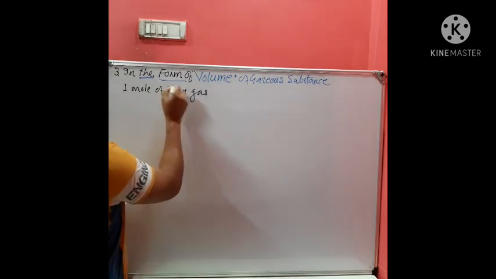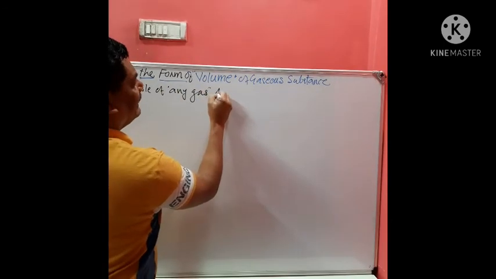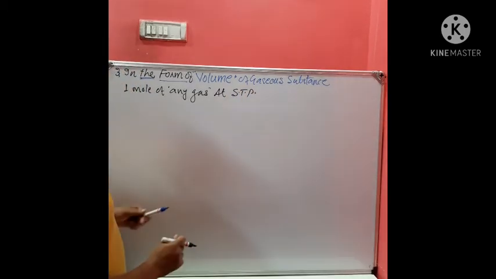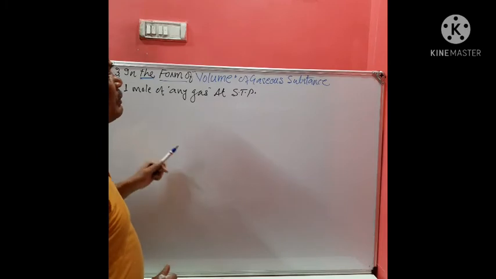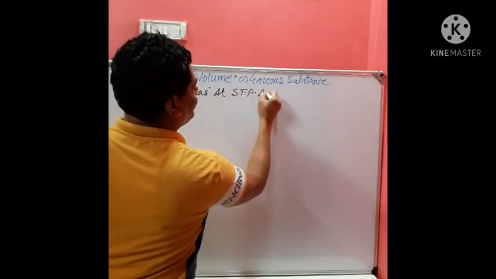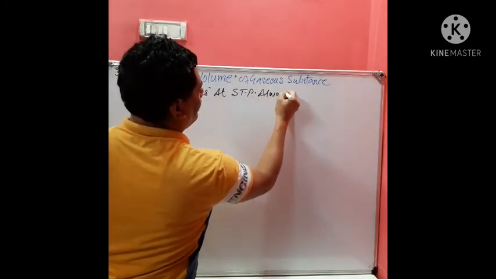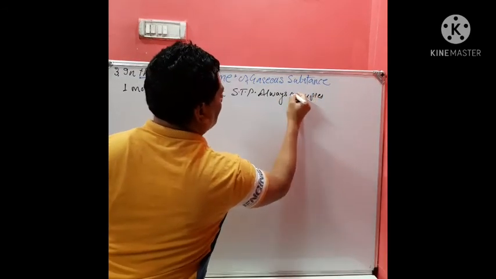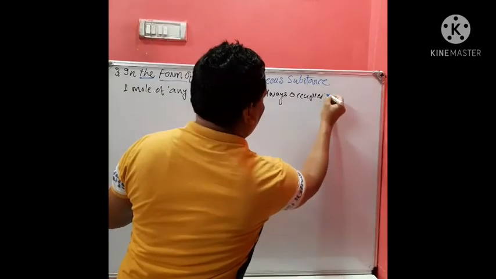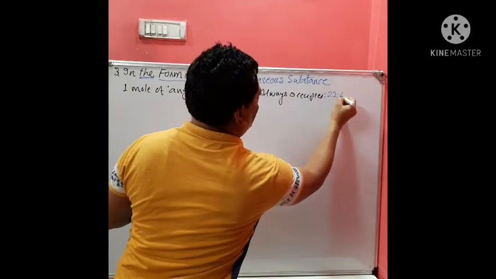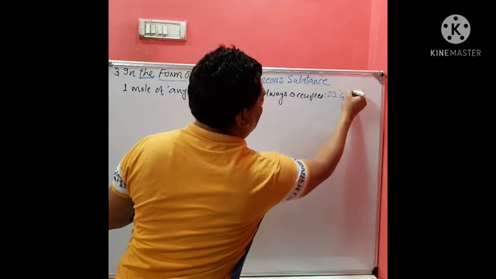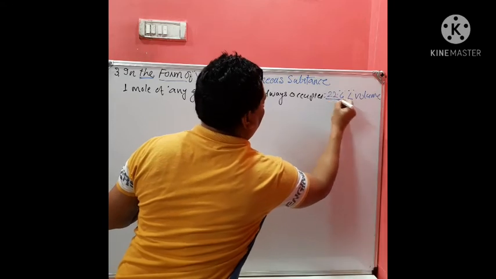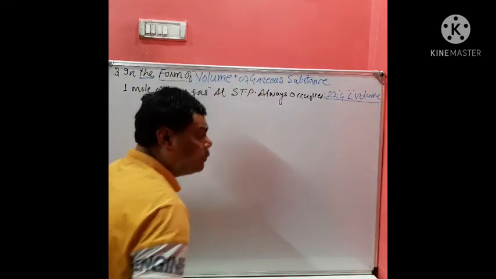So 1 mole of any gas at STP, that is standard temperature and pressure, always occupies 22.4 liter volume. Remember this thing, 22.4 liter volume.